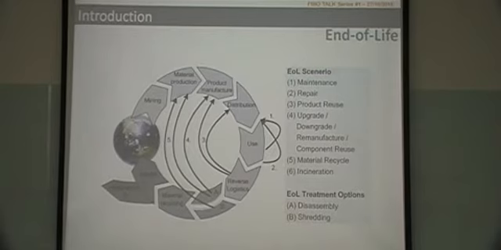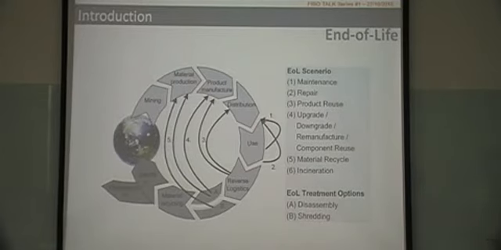So when we come to end of life, what's going to happen? For example, if you have your mobile phone and you use it for a couple of years and then you throw it away, right? And that's it. But actually, now we try to get all the value that still remains in the products back into the loop and make the process more efficient.